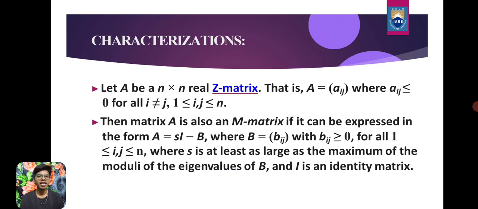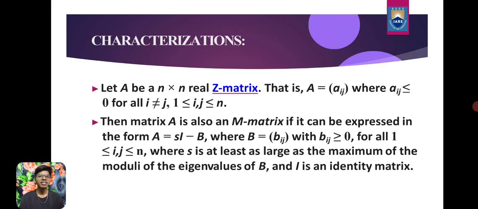Characterizations. Let A be an n by n real Z matrix, that is A equals Aij, where Aij is less than or equal to 0 for all i not equal to j, 1 less than or equal to i, j less than or equal to n.